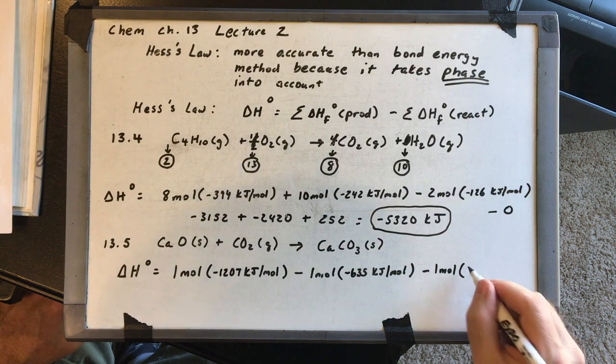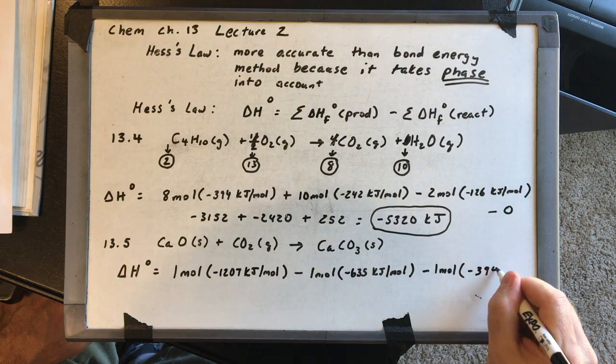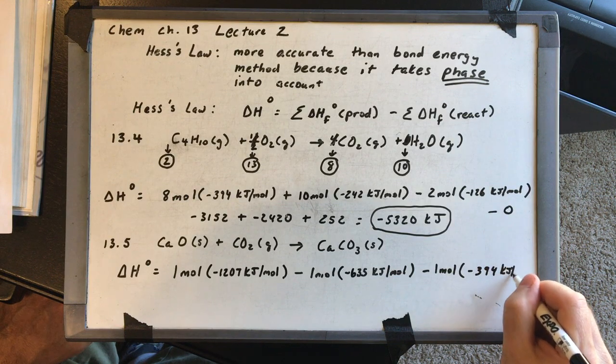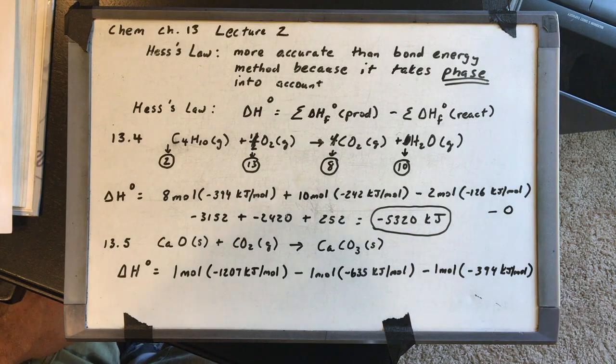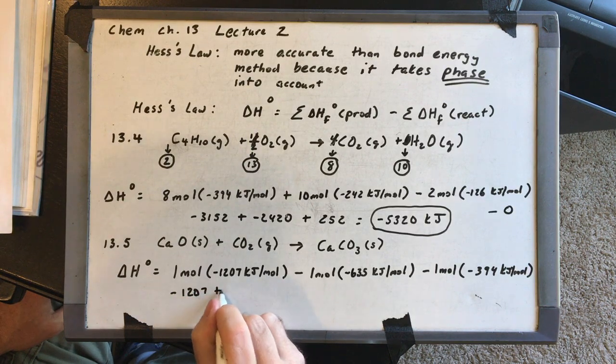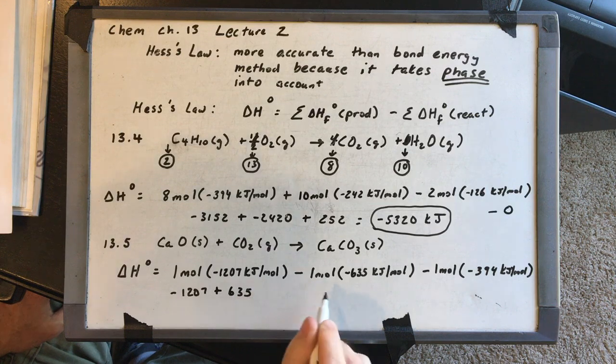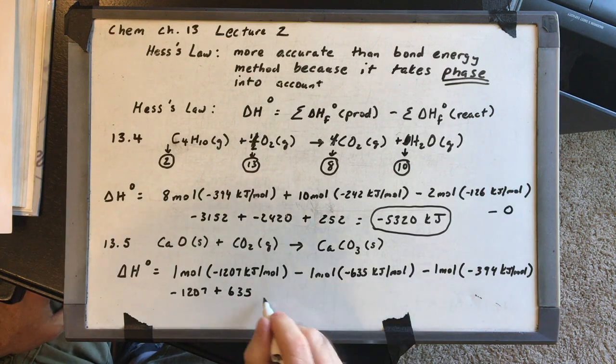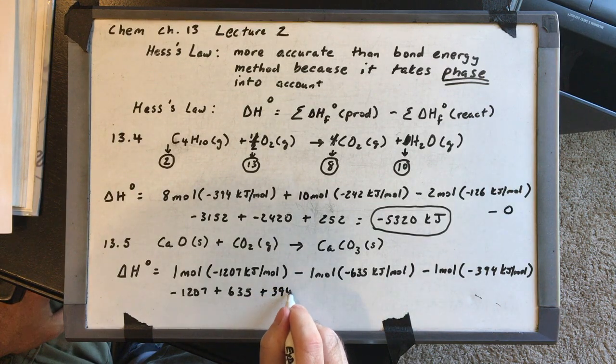All right, CO2 gas is negative 394. Make sure you're using the right table. So that will be negative 1207 plus 635, minus minus makes a plus, and then another minus minus, plus 394.